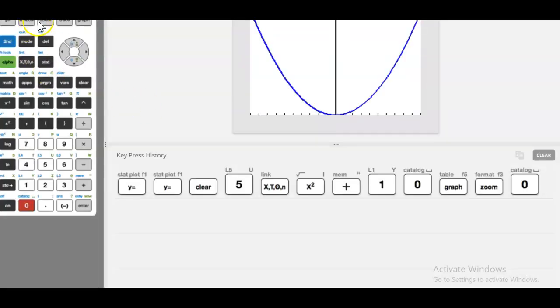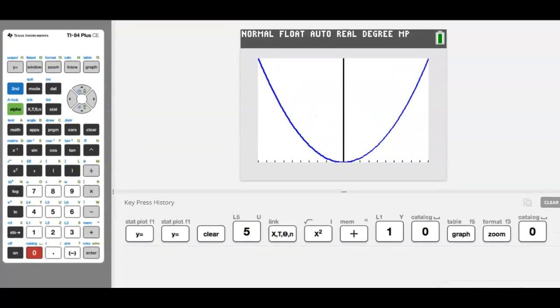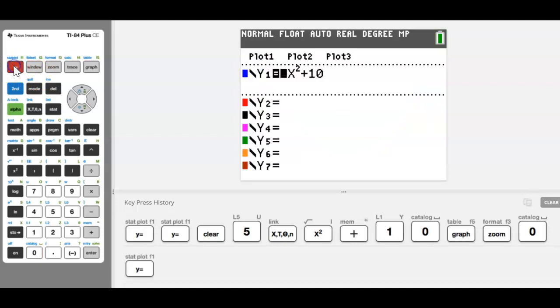So for starters, we'll just look at the graph, and then we'll talk about how we can gather pieces of information from the equation, even if we had not looked at the graph. So we'll go to y equals and we'll key in our function.